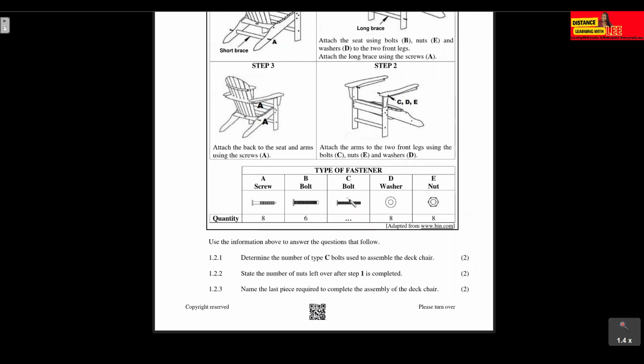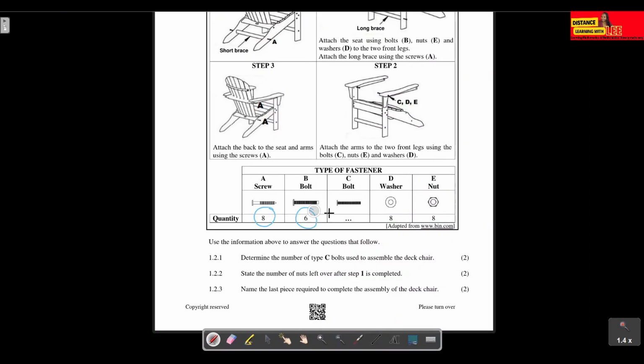We set up the equation that way, and our unknown is symbolized by C. Then we solve the equation for C to determine the number of type C bolts used to assemble the deck chair.